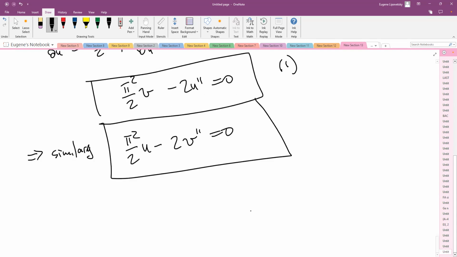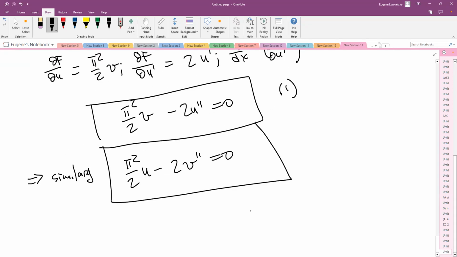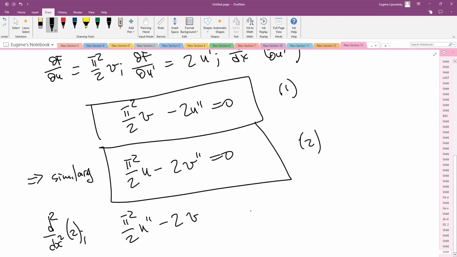Now we need to solve this system of equations. Let's take one of the equations, for example equation 2, and to get u double prime there, we take d squared over dx squared of equation 2. The result will be pi squared over 2 u double prime minus 2 v fourth derivative equals 0.